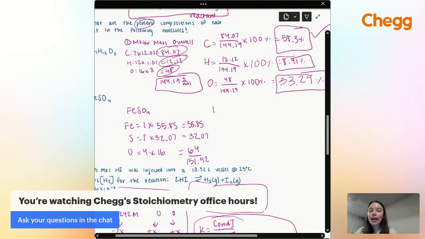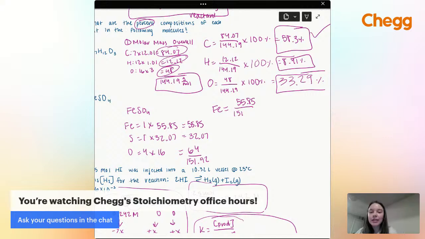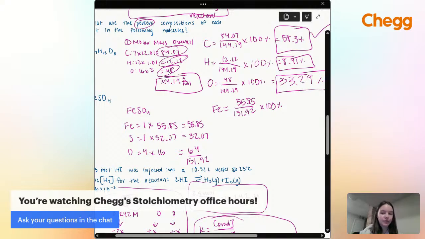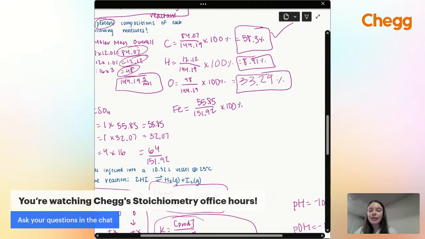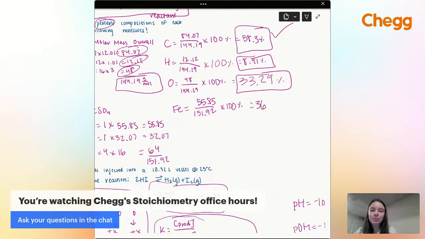For Fe, we do the mass of Fe over the overall, so 55.85 over 151.92 times 100%. Put that in the calculator, and you should get 36.8%. If you got that, great job.